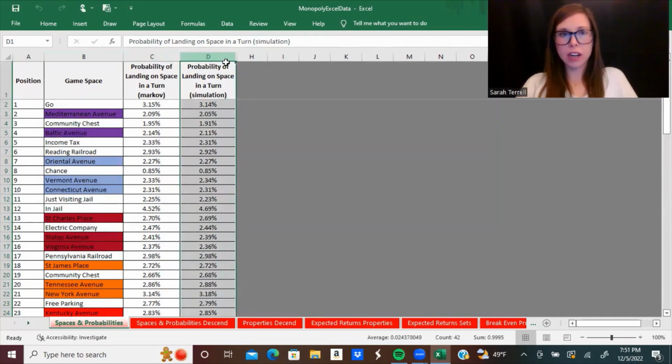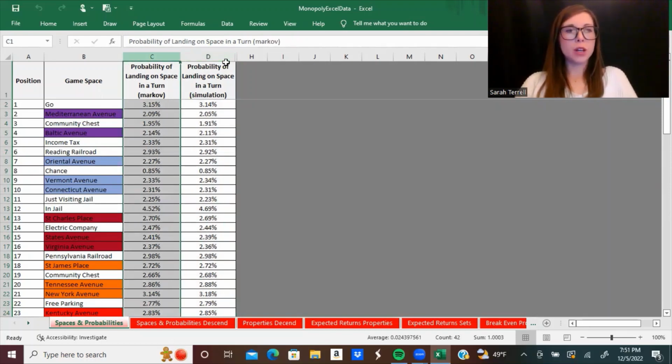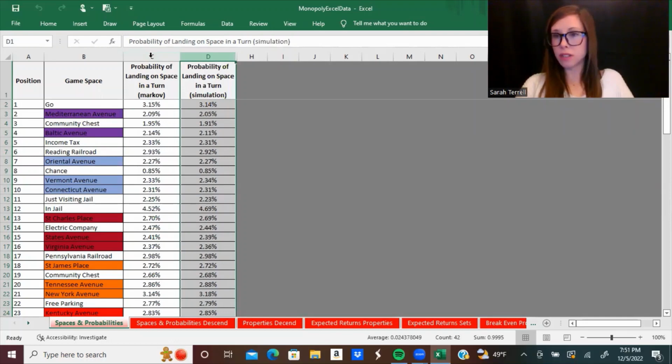Column D here is probabilities that came from a simulation conducted by Dr. Ashley Meek. She did these, I believe, in Python, maybe MATLAB. And so this is just a comparison to show you my own method and Markov process compared to a coded simulation of it.